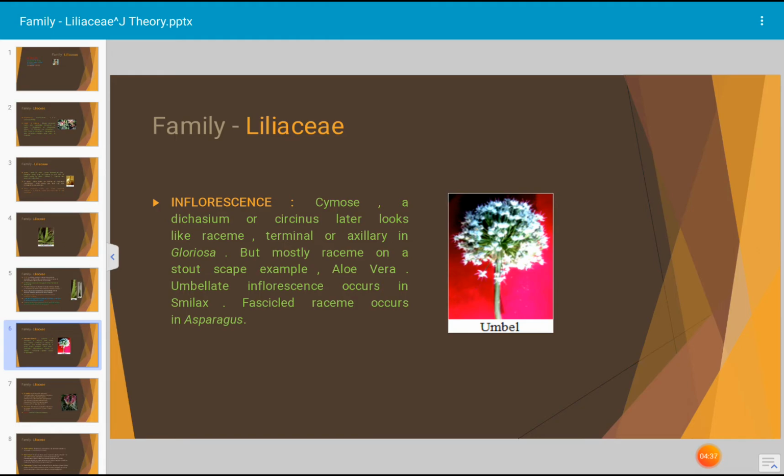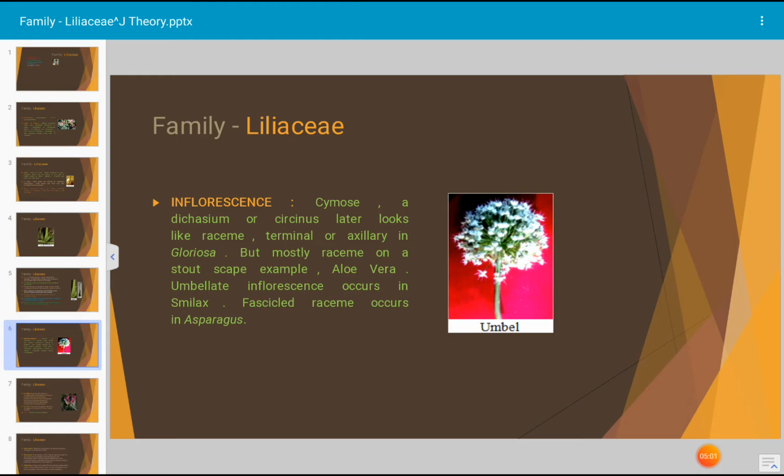In this case, the peduncle bears a terminal flower and stops growing. At the same time, the peduncle produces two lateral younger flowers or two lateral branches, each of which terminates in a flower. This is also known as a cyme or compound dichasium. This type of inflorescence occurs in many plants of family Liliaceae.